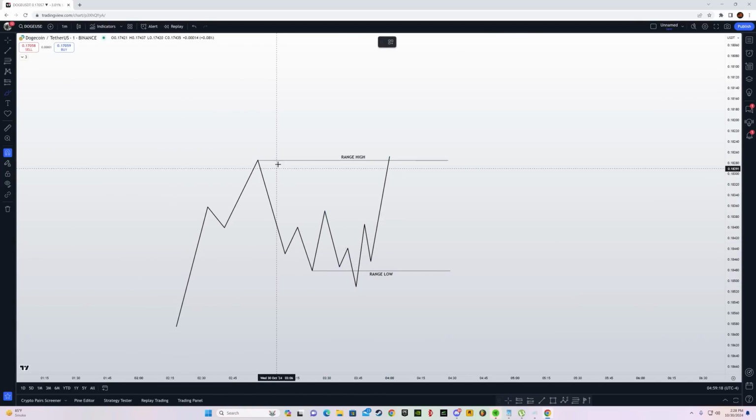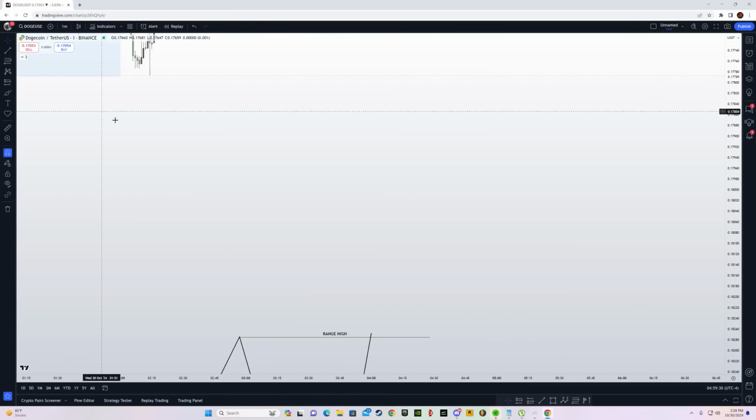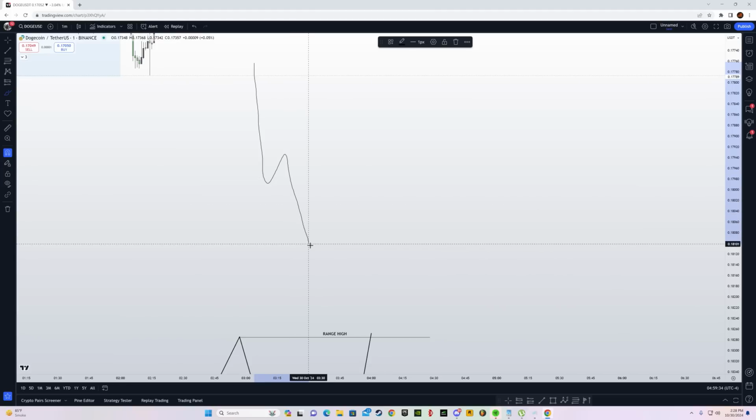Just make sure that you are trading during the sessions, which is the Asian kill zone, the London kill zone, the New York kill zone, because that's when you're gonna see these ranges formed, right? So usually during the London session, you're gonna have big moves, right, with high volatility.